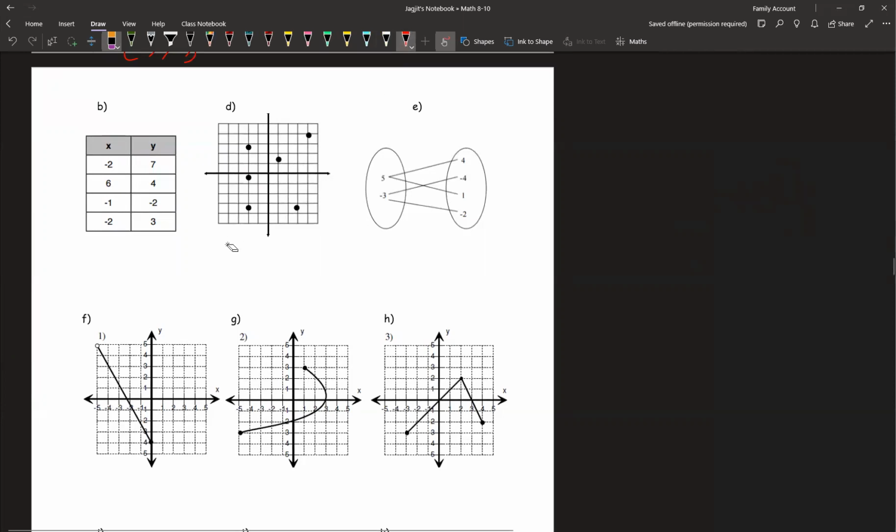So as you can see for the domain, let's write the domain first. So discrete graph, what's the domain? Leftmost, we have x value of -2. Then we have 1. Then we have 3 and 4 on this graph. For the range, you would put the y values.